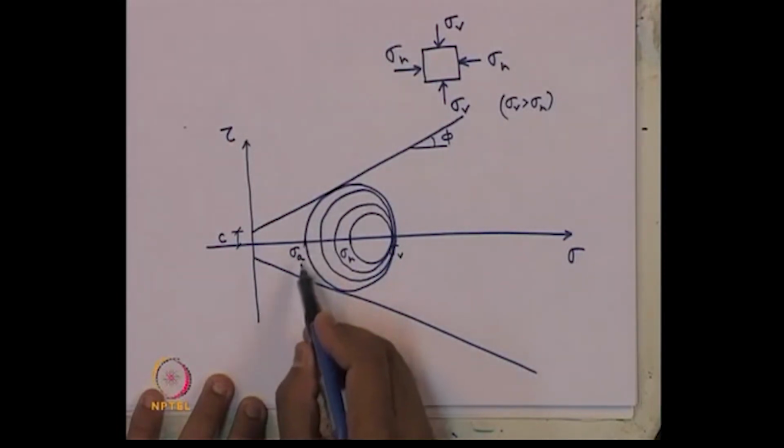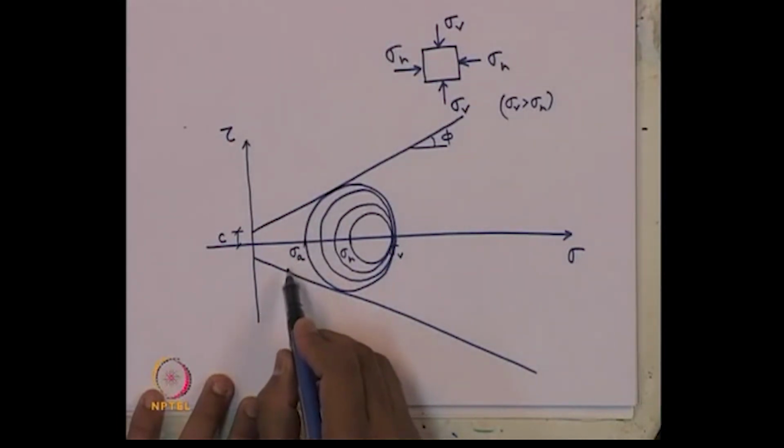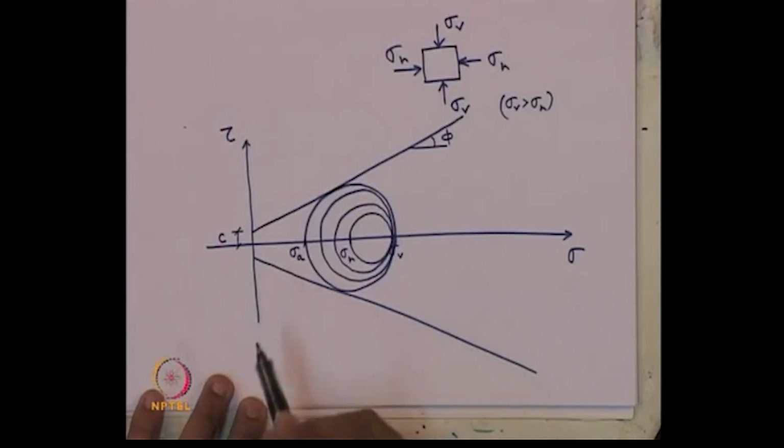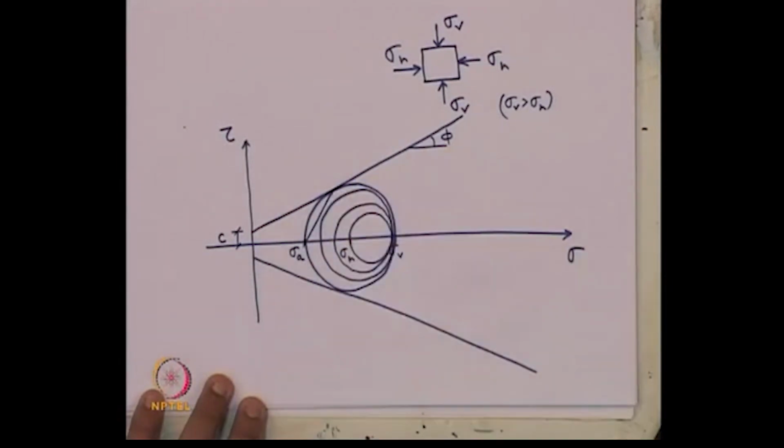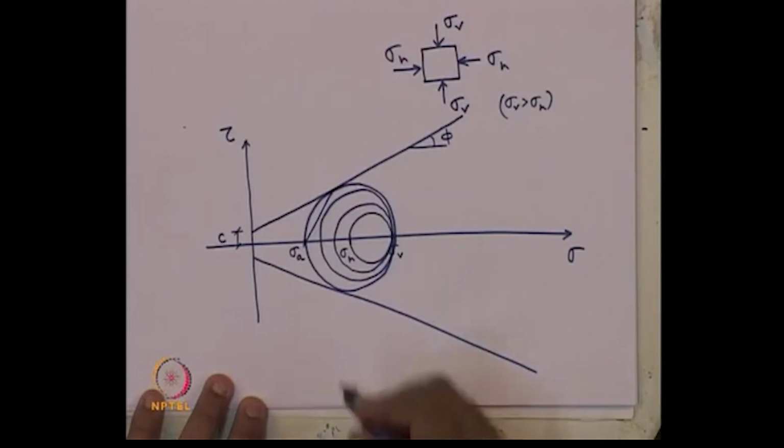This value will give us sigma A. This is the way we calculate the value of sigma A. And how to get the failure plane angles? If you join this with respect to this tangential point where the failure envelope goes through, that inclination will give you the inclination of your failure plane.